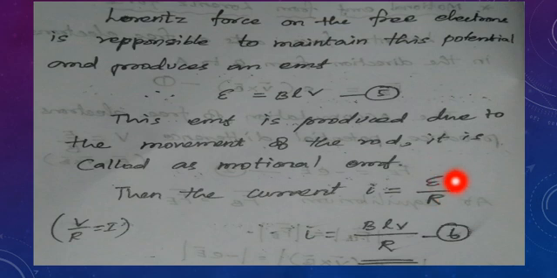Substituting the E value, BLv, the induced current is BLv divided by R, where E is the induced EMF.